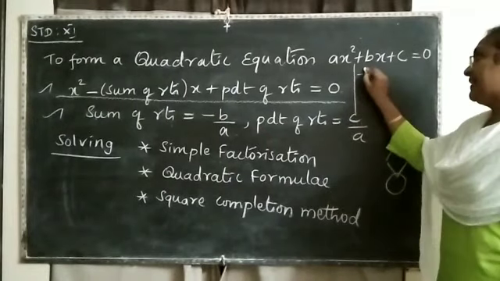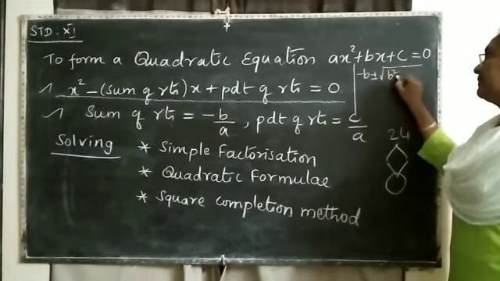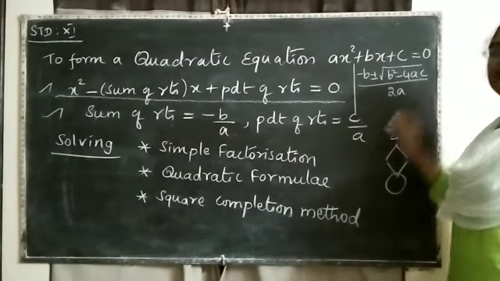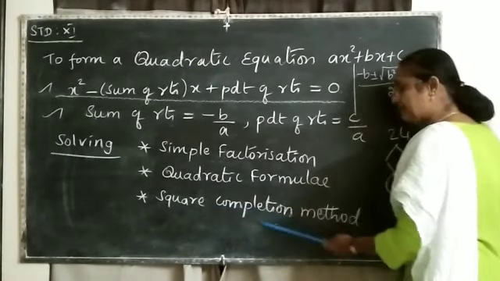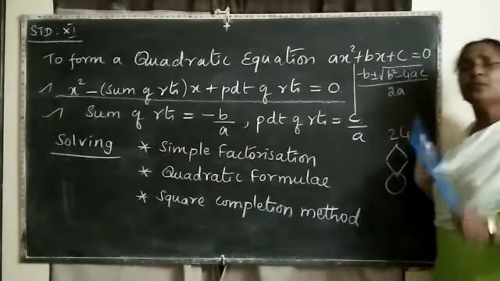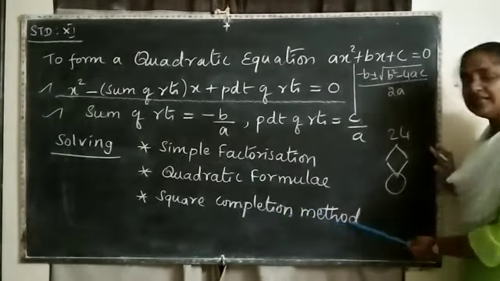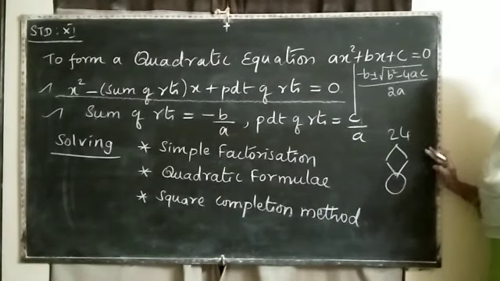It is minus b plus or minus square root of b squared minus 4ac, divided by 2a. Do you remember this formula? The next one is the square completion method. It has a few steps of procedure to be followed, and this too we will discuss elaborately in our exercise problem.